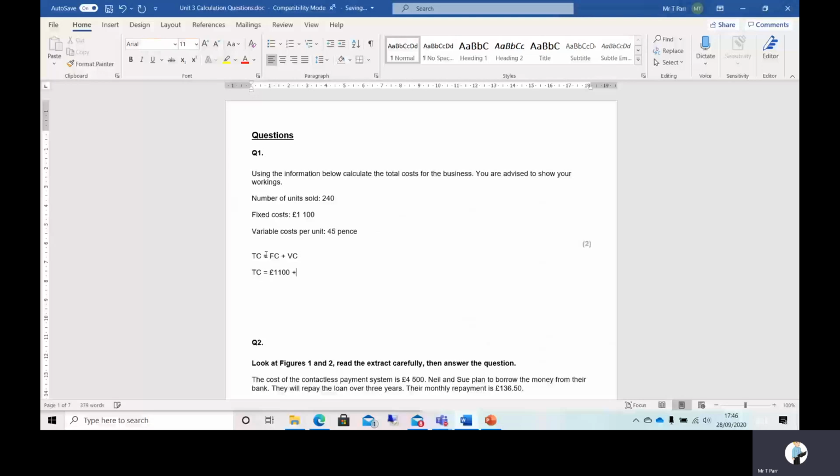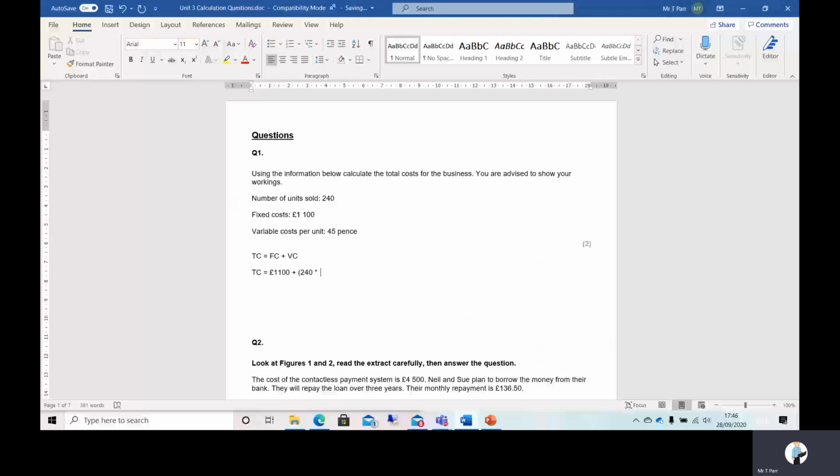1,100. And our variable costs are the number of units sold, which is 240, multiplied by the variable cost per unit. Now, look carefully at this. In this case, it's 45 pence.